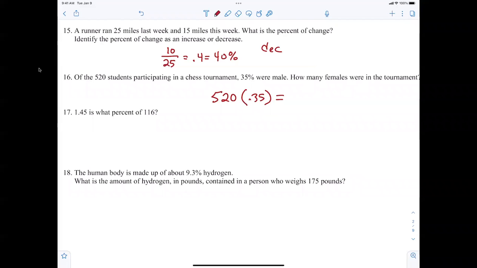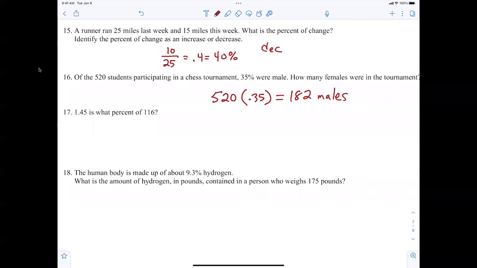If you have the total and find the part, 182. 182 what? Females? Oh, males. There are 182 males. But the question wants to know how many females.